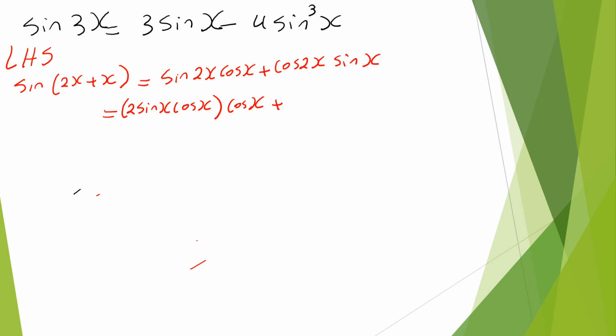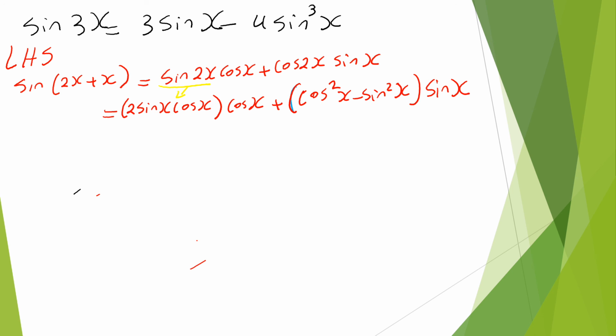So that is this. Now the cosine 2x is the same as cosine square x minus sine square x. And then sine x in here.